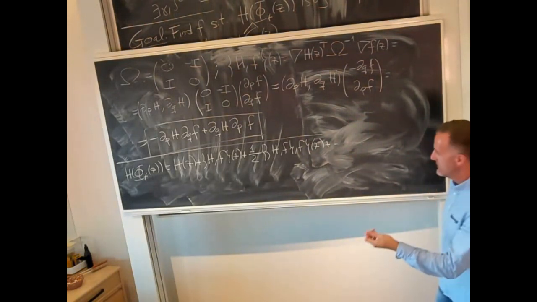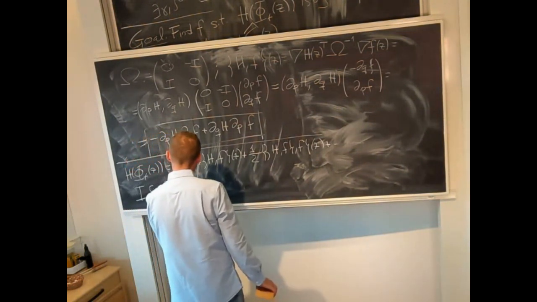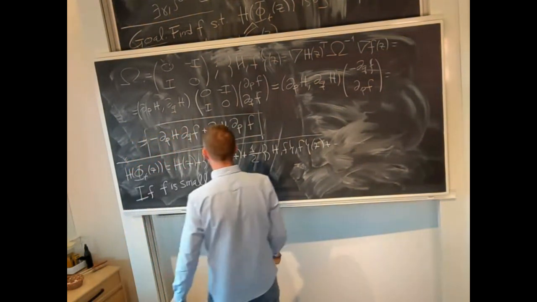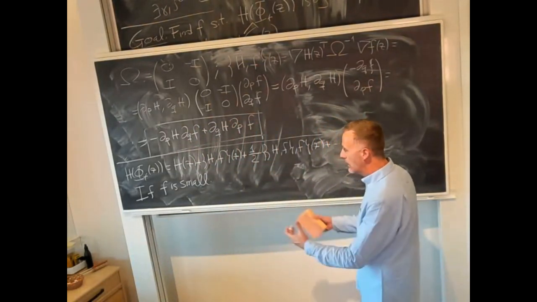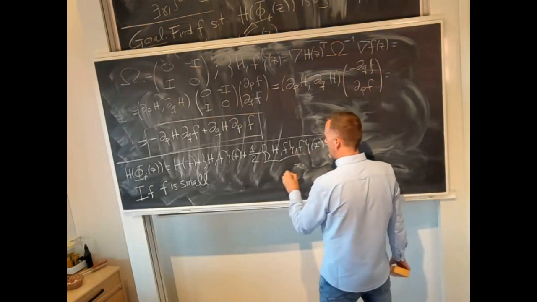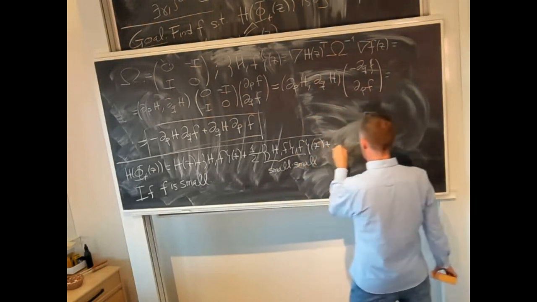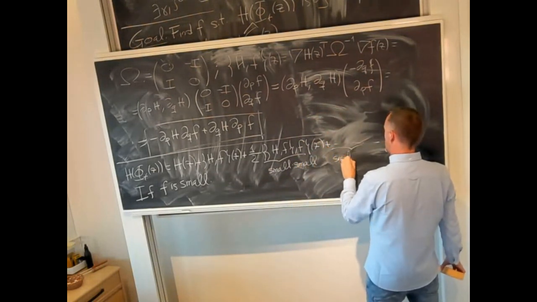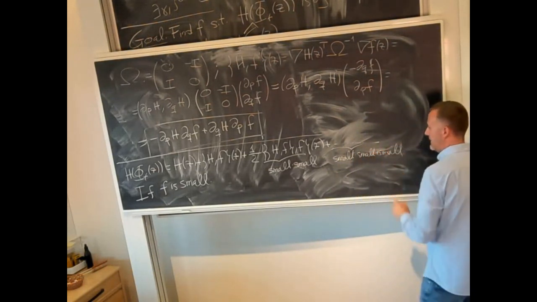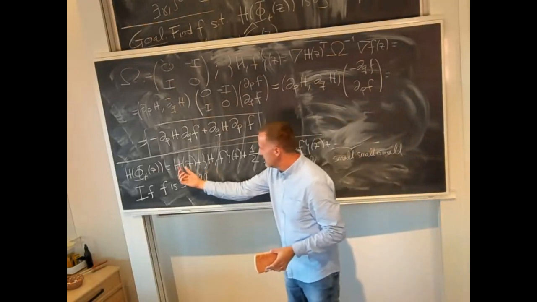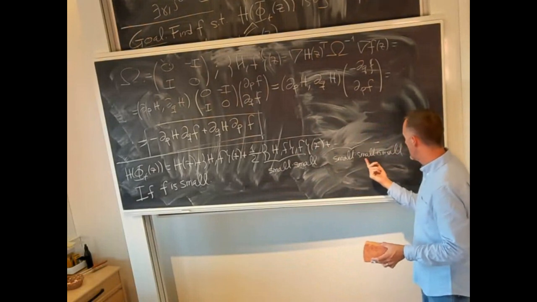If f is small, okay, if the function f is small, this is small times small. This will be small times small times small. Okay? So we get something that is of size h, small times small, small times small times small.